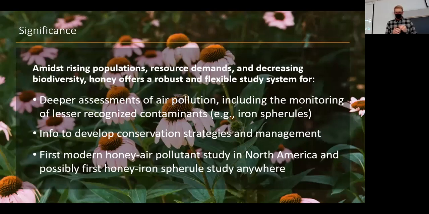And this would be the first honey air pollutant study in North America, especially looking at those ions like sulfate, nitrate, things of that nature. And also possibly the first to use honey to monitor iron spherules, assuming that could be done.